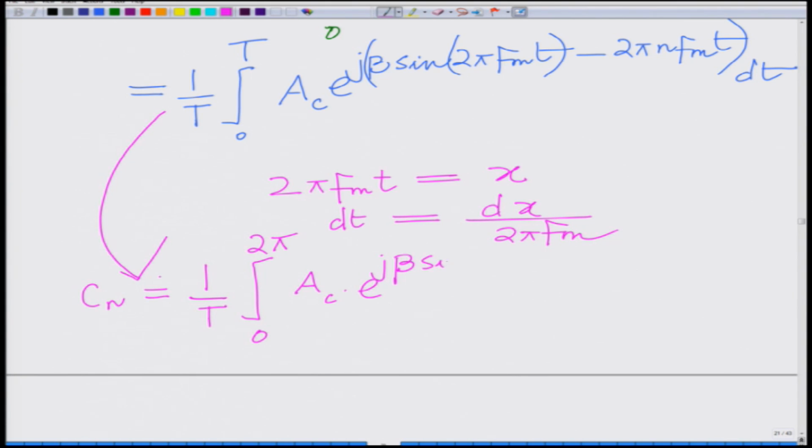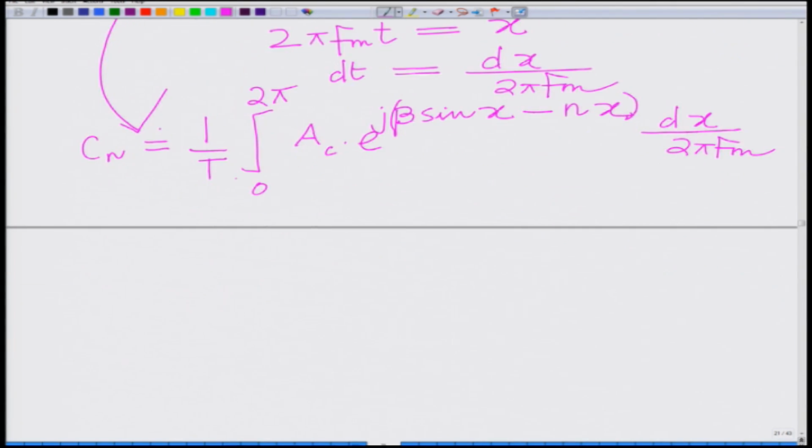So this is simply Ac e to the power of j beta sine 2 pi fm t, and 2 pi fm t is x, so this is simply j beta sine x, minus j n x, with dt being dx by 2 pi fm. Of course, T into fm equals 1, remember T is 1 over fm, so 1 over T into fm becomes 1.